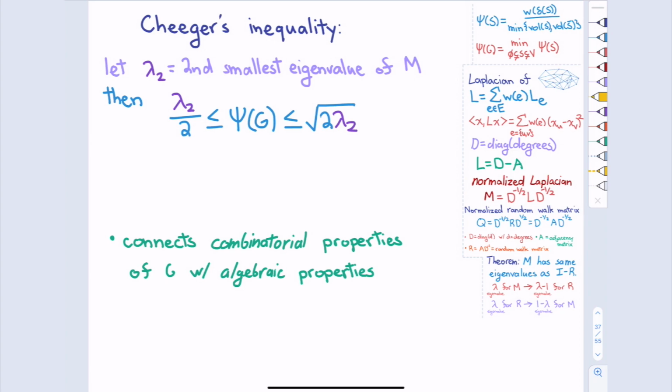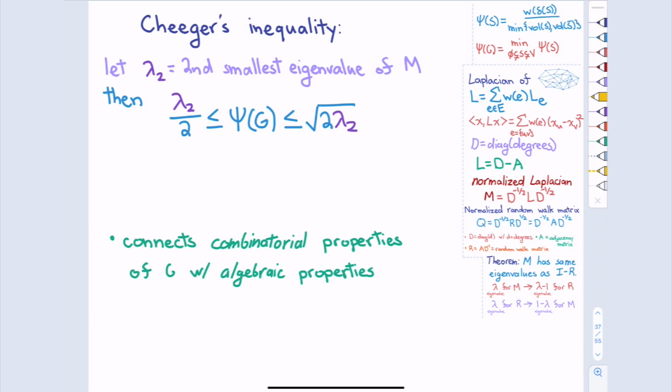The claim is that the conductance of G is sandwiched between the second eigenvalue divided by 2 and, somewhat unusually, the square root of 2 times the second eigenvalue. The conductance of G is between, roughly, the second eigenvalue and the square root of the second eigenvalue.